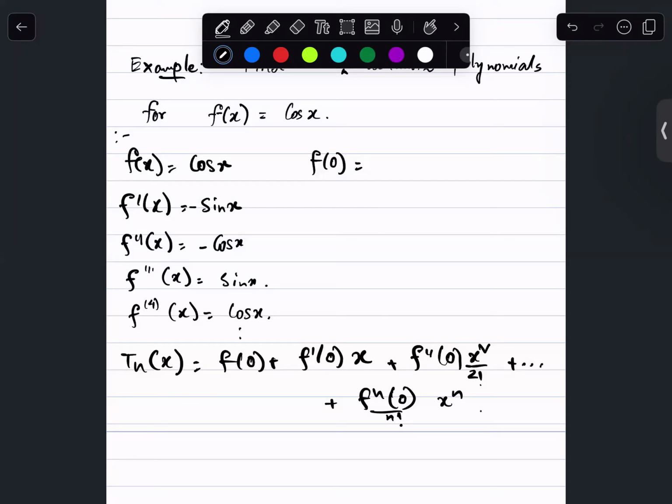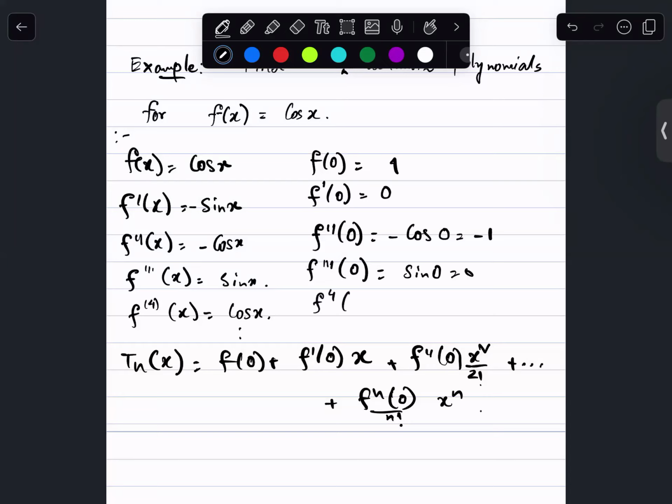So f(0) is 1, f prime(0) is 0, f double prime(0) is minus cosine 0, which is minus 1. F triple prime(0) will be sine 0, which is 0. And then again, f fourth derivative at 0 will be 1. Okay. And then again, the same sort of thing: at the fourth derivative, I'll get back cosine, right? So again, for the fifth derivative, I'll get minus sine x, which is the first derivative. So again, I'll get the repetition.